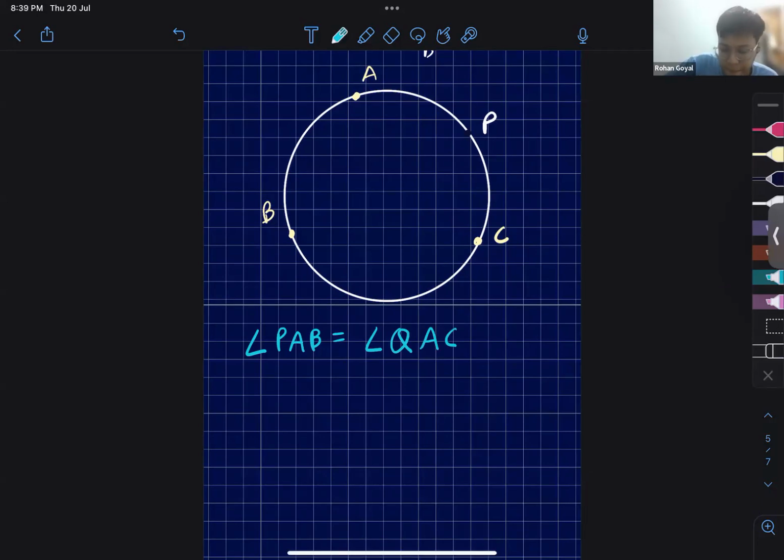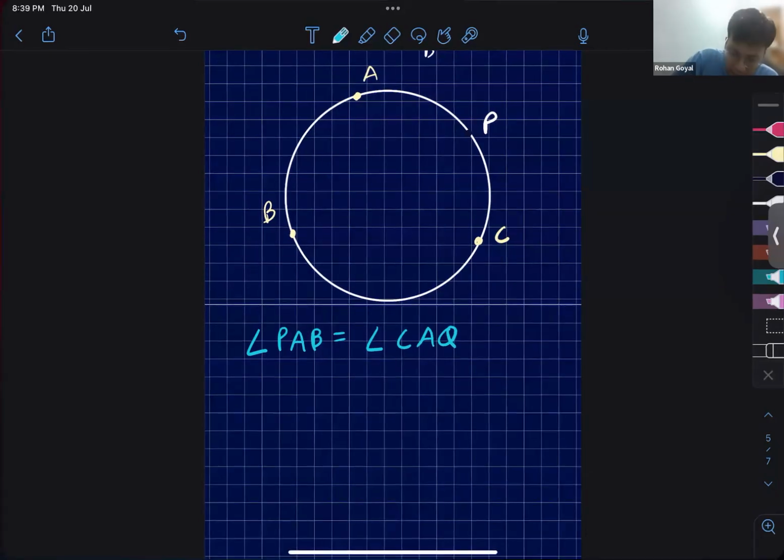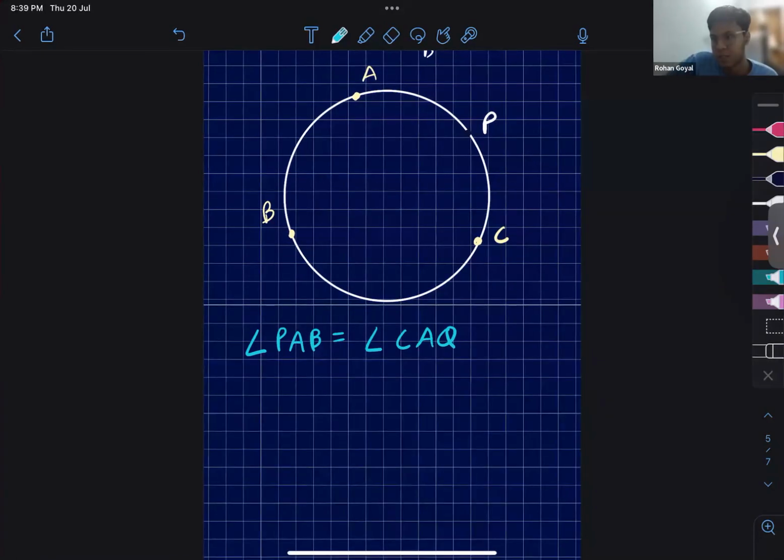Is that correct? Not quite. You have CAQ, yes, good. Because you're trying to figure these things out very carefully, just make sure your angles are in the correct order always.